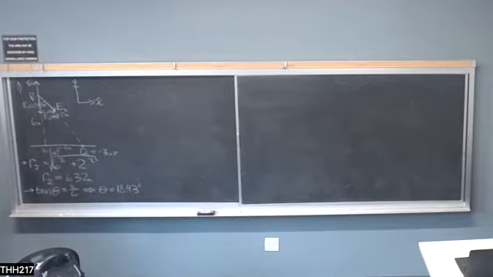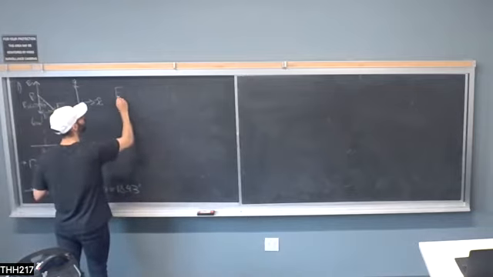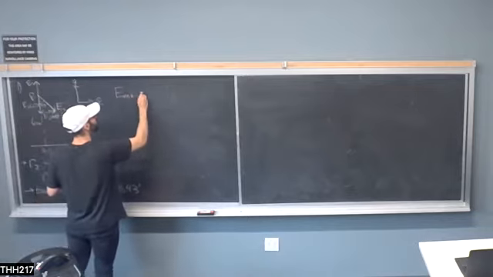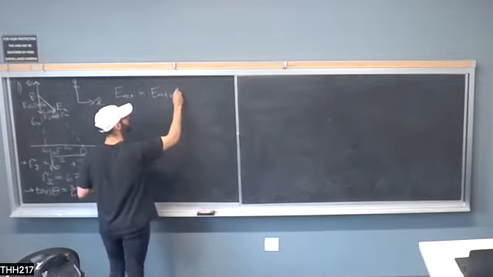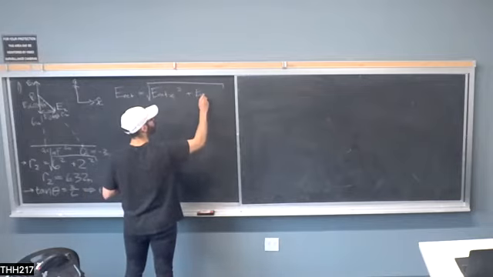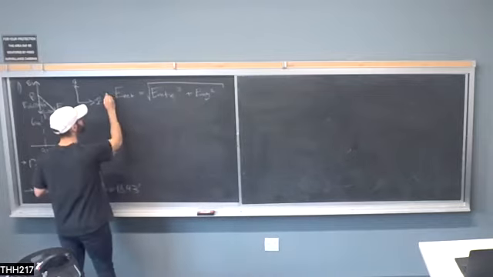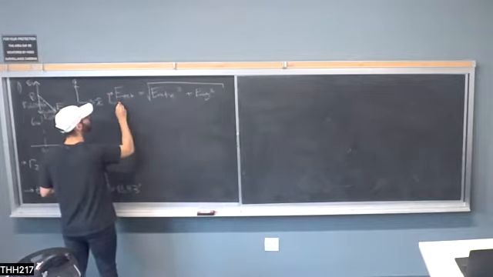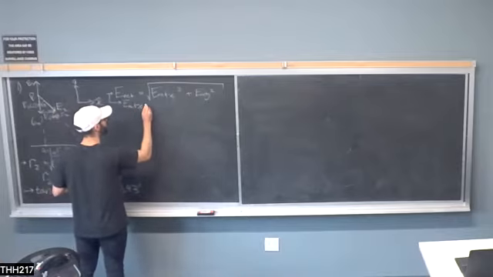So how do we solve for E net? We've done this so many times in so many different ways. E net is equal to the square root of E net x squared plus E net y squared. Let's first solve for E net x.